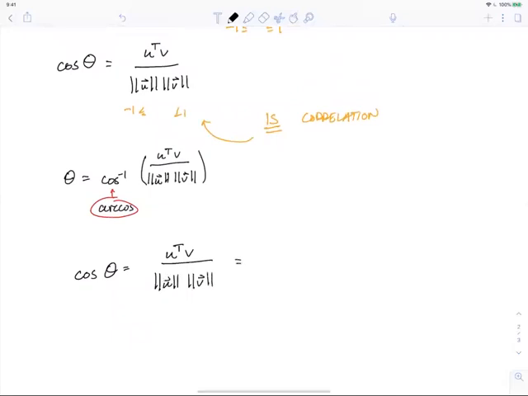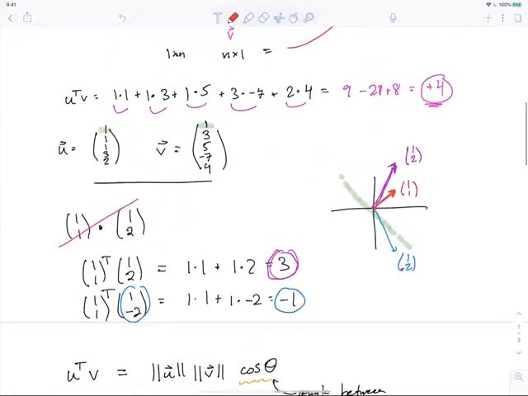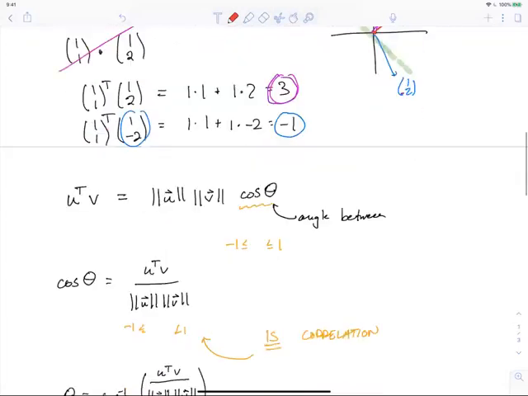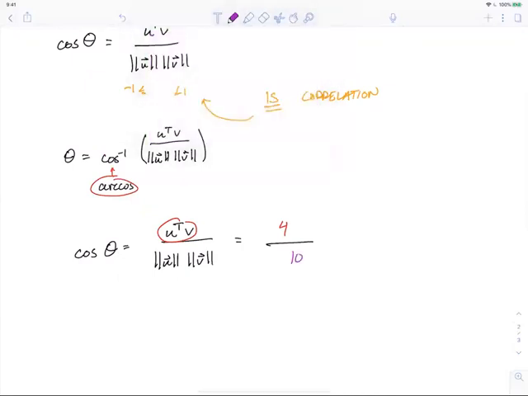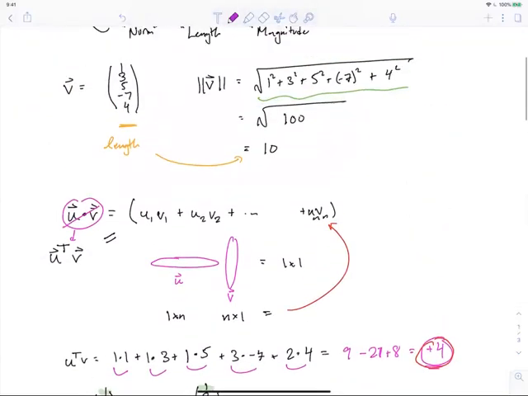We already computed this one from before, it is 4. We already computed the norm of v. That was 10, from before too.